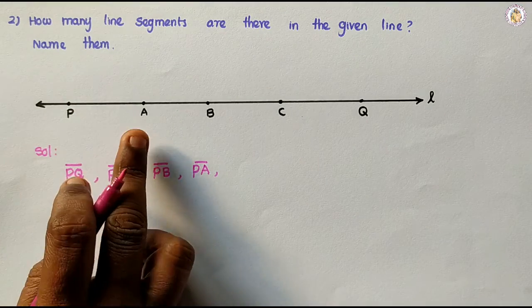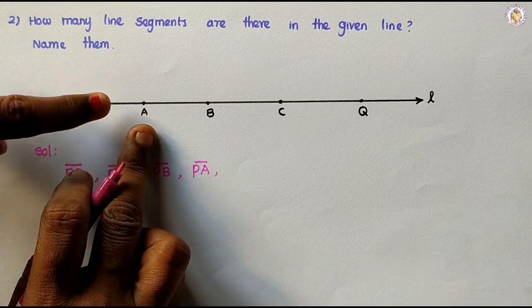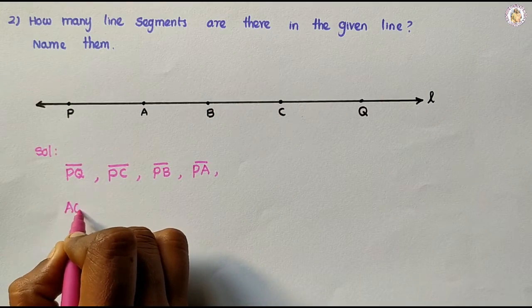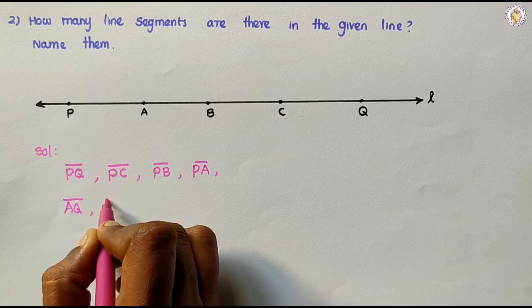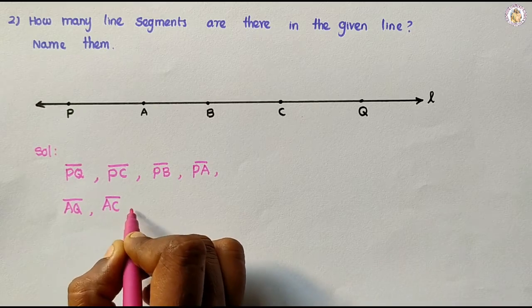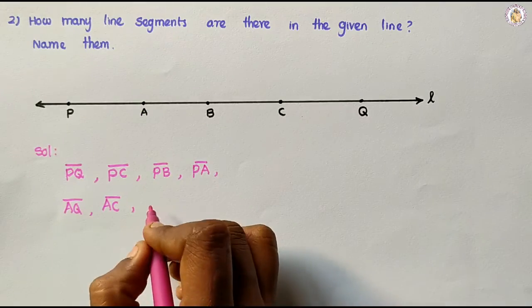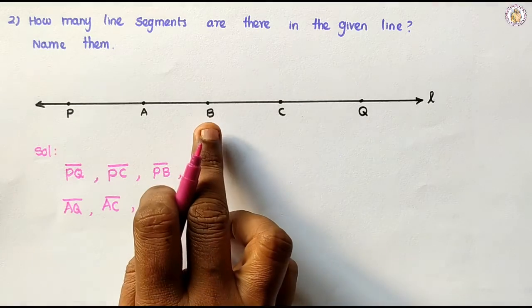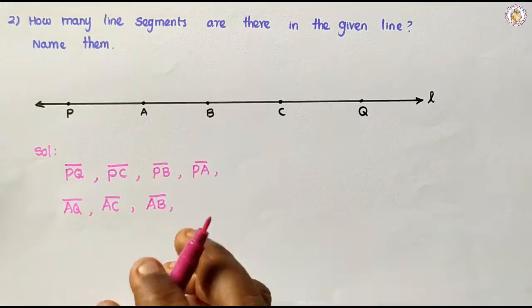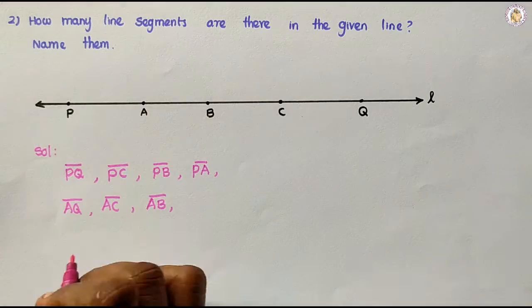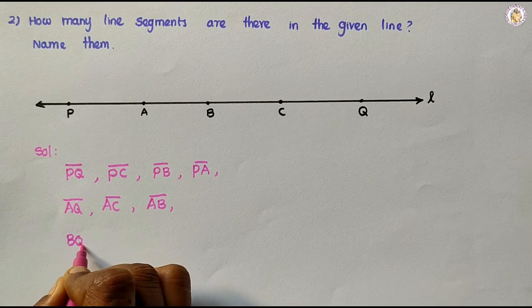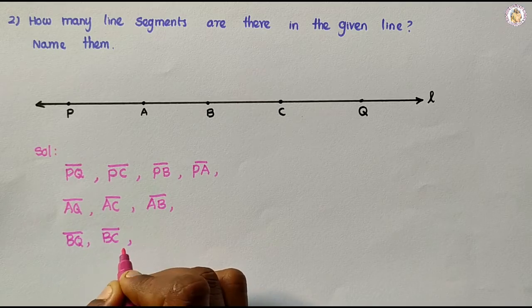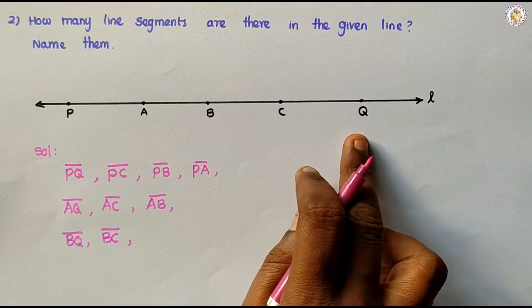Next, A as a starting point, AQ and AC, next AB. Next take B as a starting point, BQ, BC, and last one CQ.